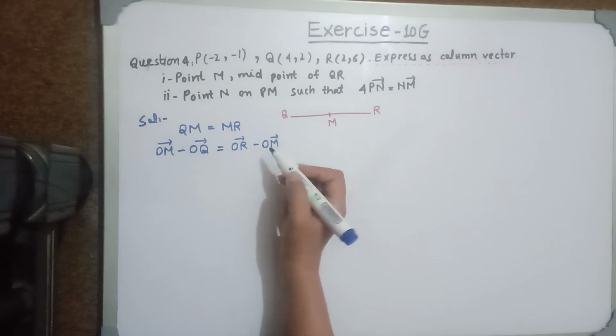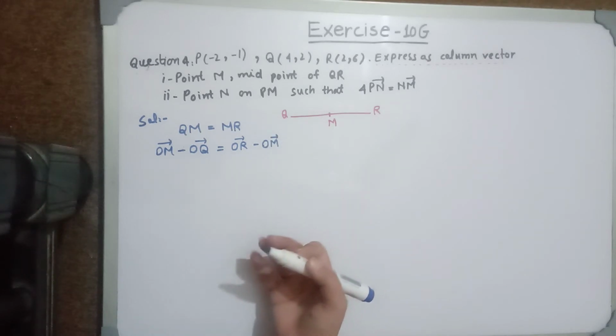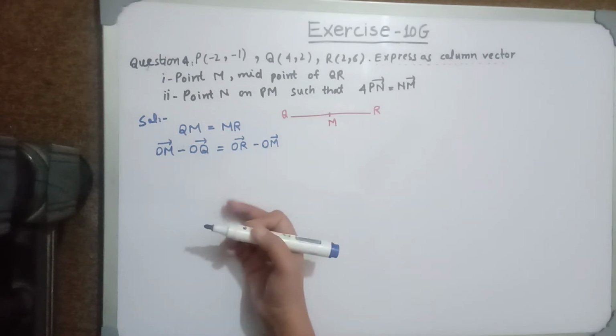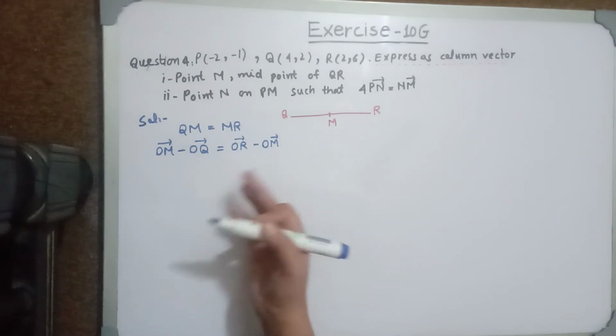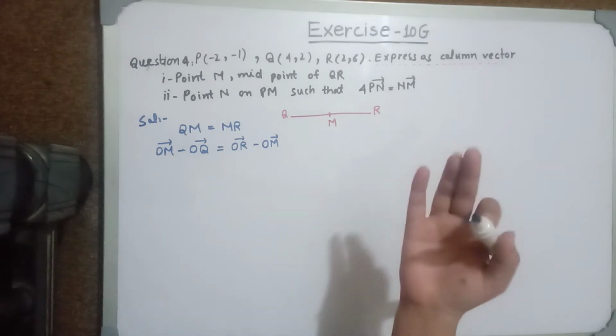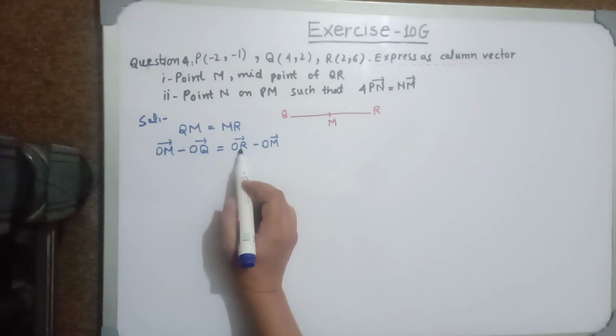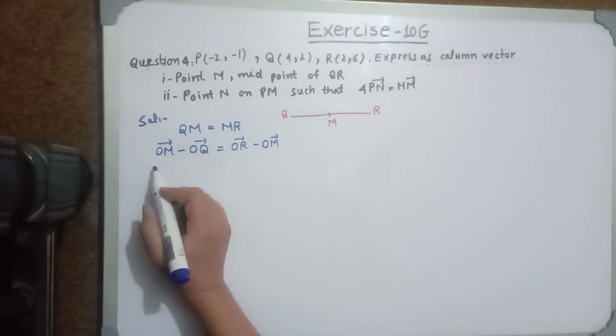Just like when we calculate the velocity, we always subtract the initial from final. We take it VF minus VI. So likewise, I'm writing the ending point first minus the starting point.